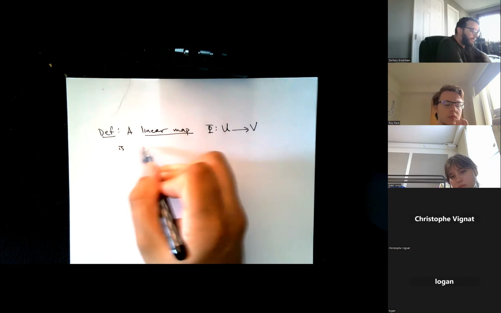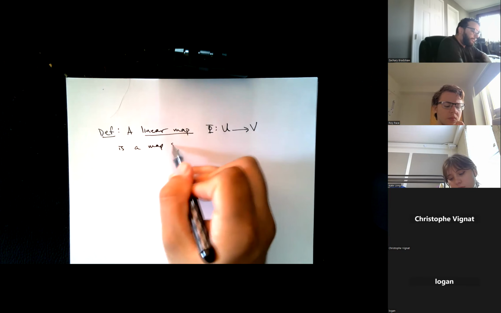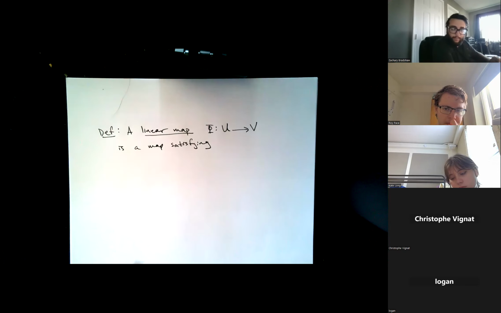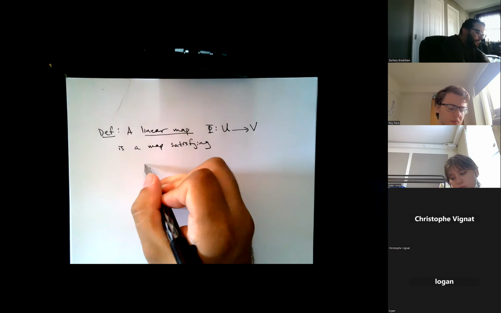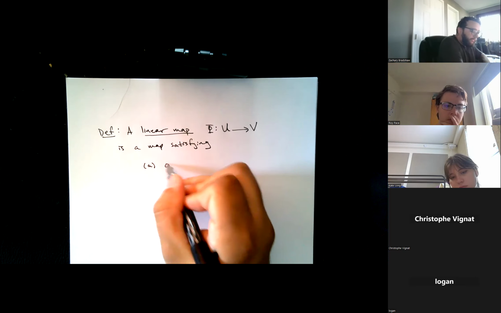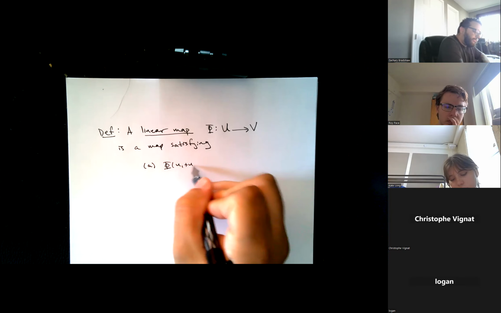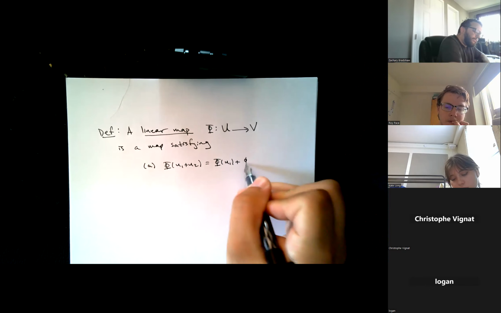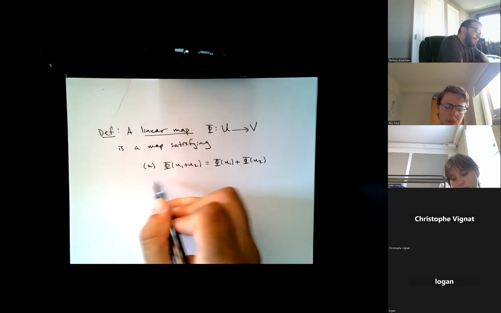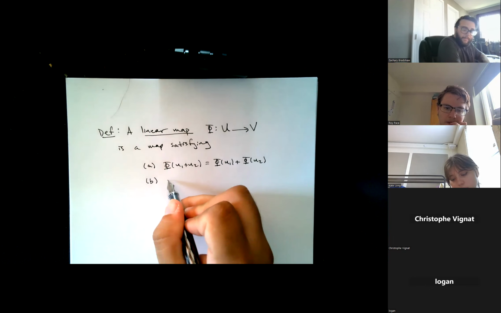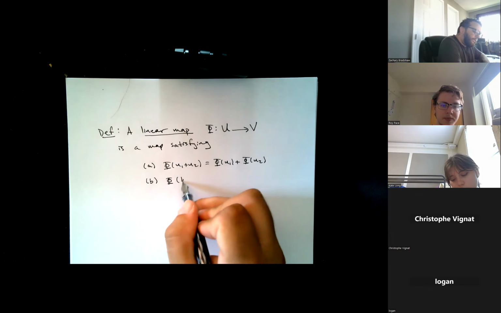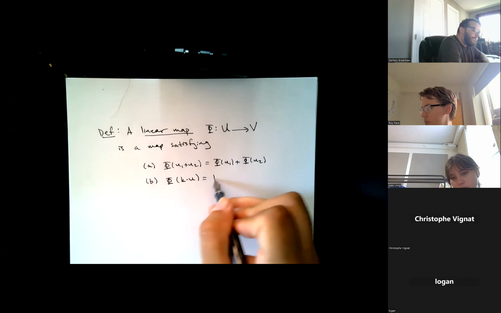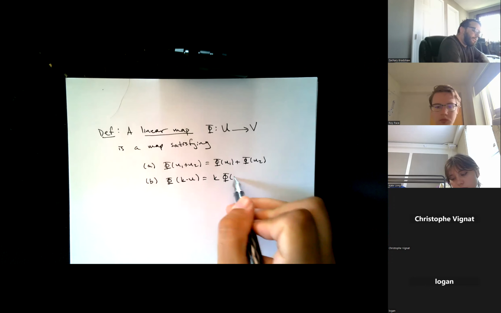This is a map satisfying two properties. So A, phi of u1 plus u2 is phi of u1 plus phi of u2, and B, phi of some number k times u is equal to k times phi of u.